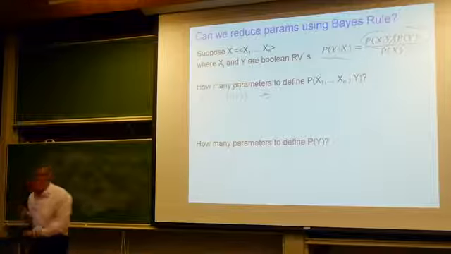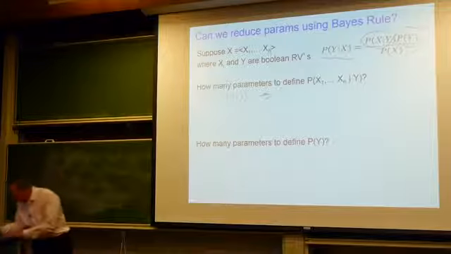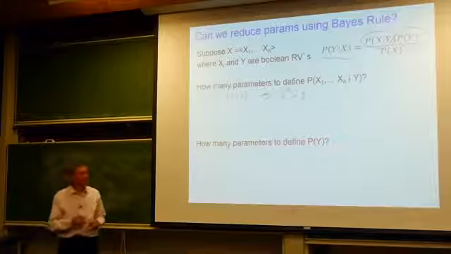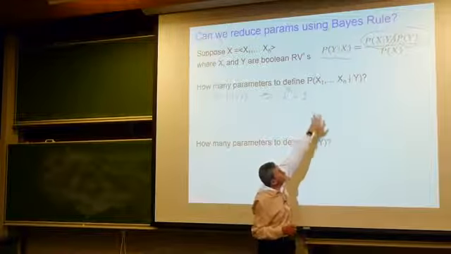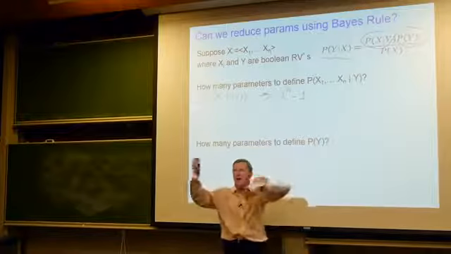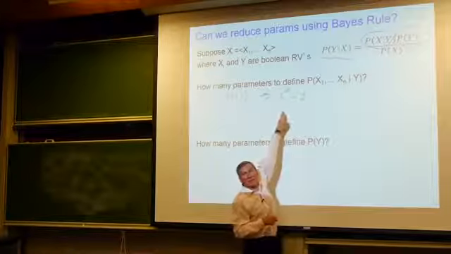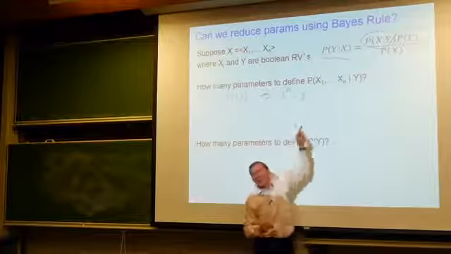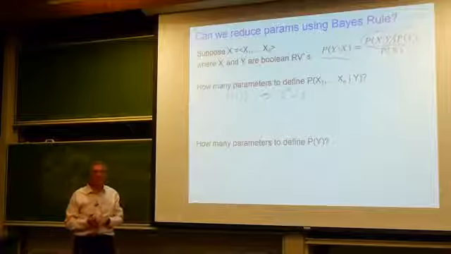Then how many parameters do we need? 2 to the n minus 1, right? Because when y equals 1, x is this vector x1 through xn. There are 2 to the n possible values. So we really need 2 to the n terms. Oh, but they sum to 1. So the very last one we don't need to estimate. We can just subtract the others from 1.